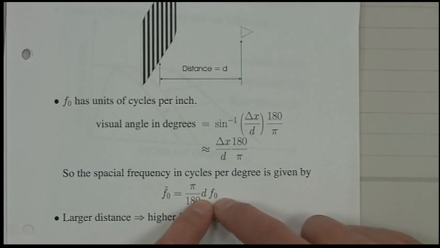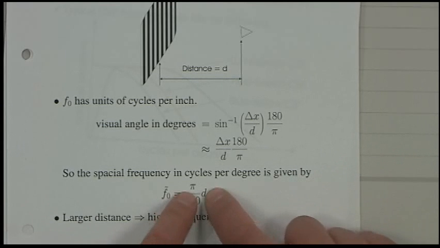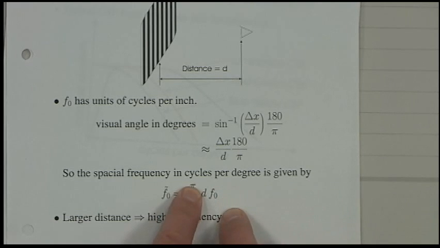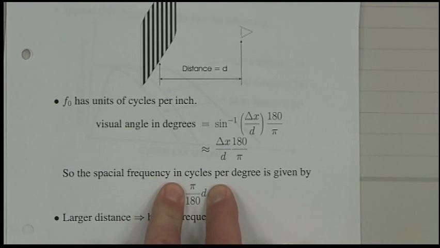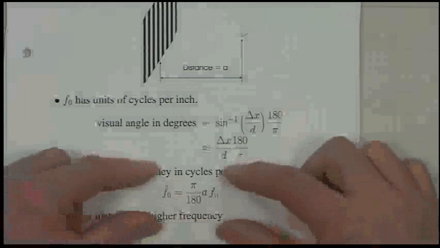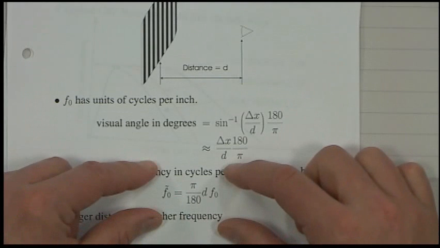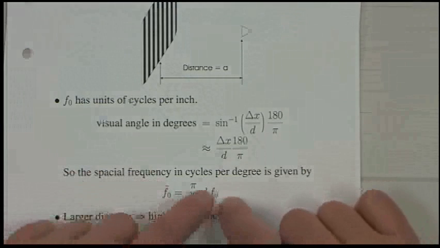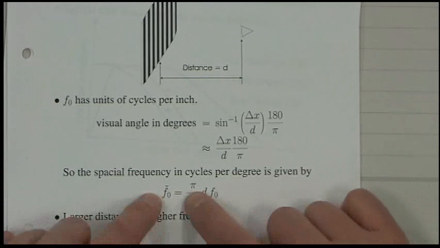So it would have to be cycles per inch or cycles per centimeter, and then D would have to have the corresponding unit of measure, which would be inches or centimeters. And then those units cancel out, and it works. But the conversion factor is pi over 180 times D. So this is an important formula. When you multiply by that, you convert from cycles per inch to cycles per degree.